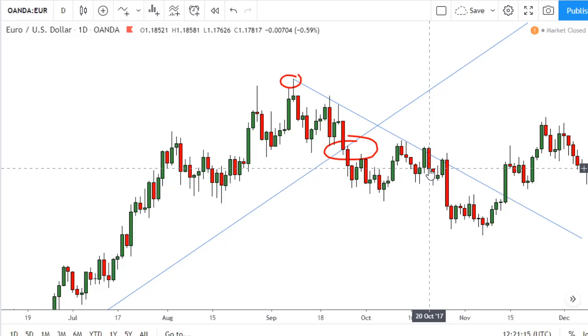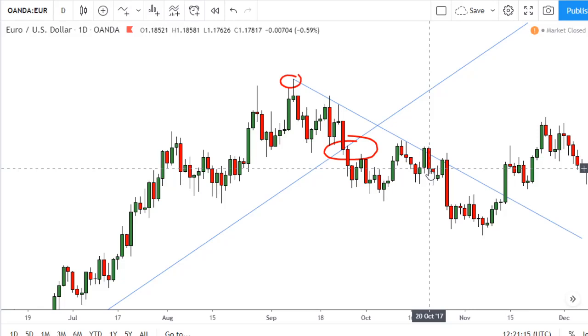And here, once more, what we have: first touch, second, third touch, fourth touch, fifth touch, sixth touch, and then what happened here was a trend line break.